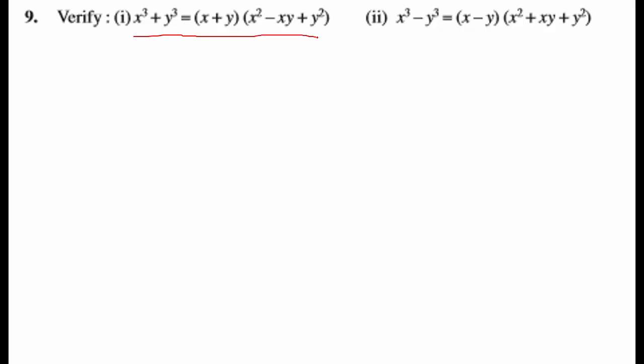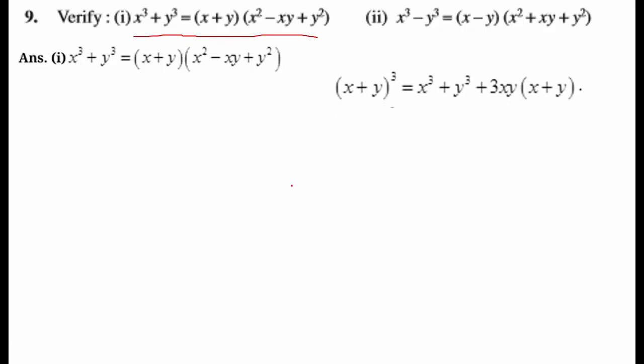On observing, we will find that the identity used is (x + y)³, because this is x³ + y³. We have to prove this, and the identity is (x + y)³ = x³ + y³ + 3xy(x + y).